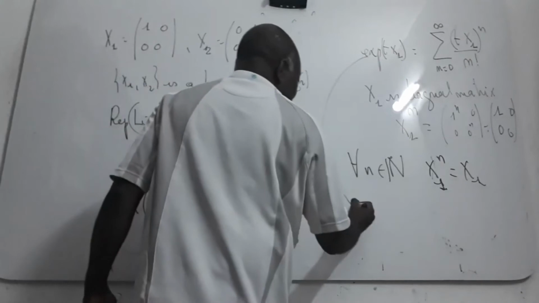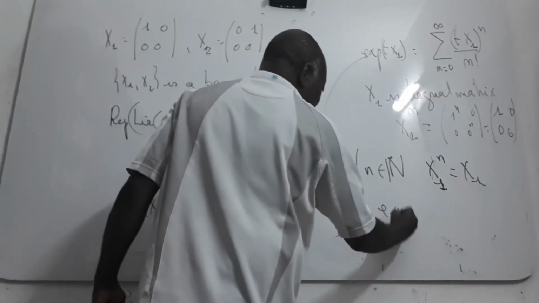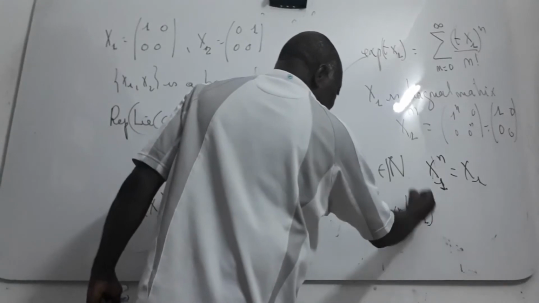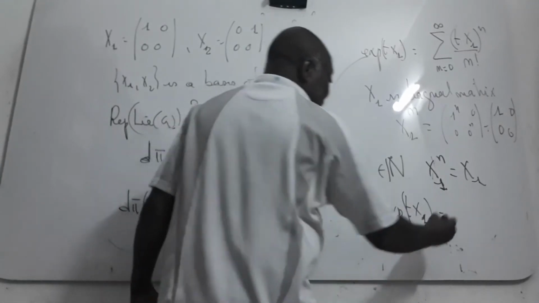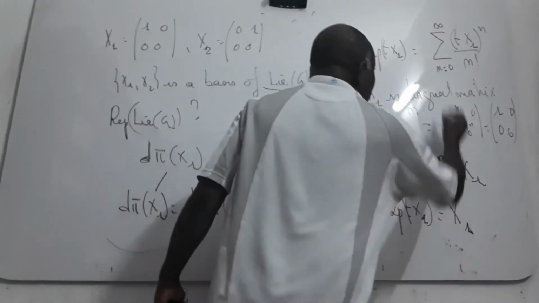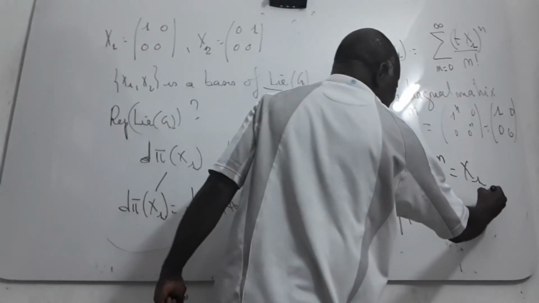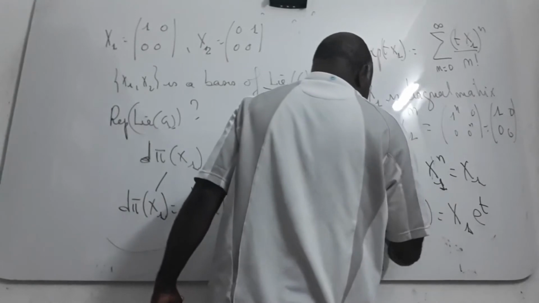Then the exponential of t S1 is exactly S1, you put it outside and you have the exponential of t. That's all.